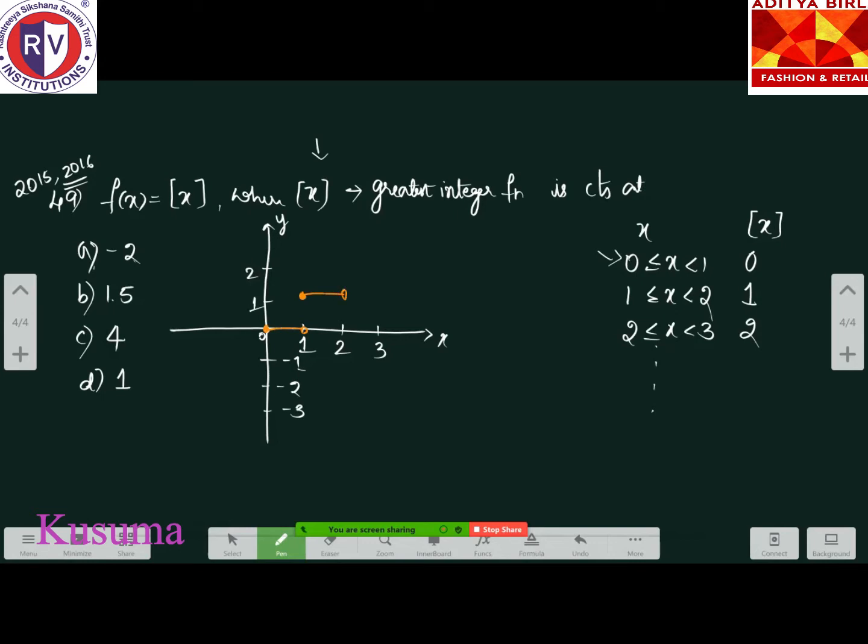From 2 to 3, including 2, the value will be 2. When we come this side, from -1 to 0, the value of the function will be -1, excluding this 0.